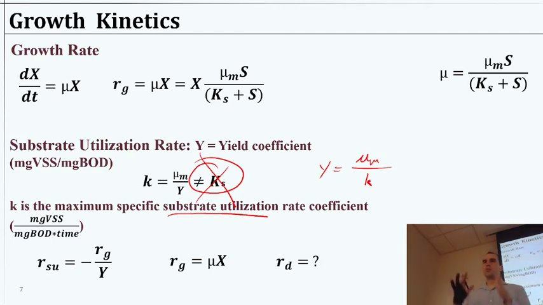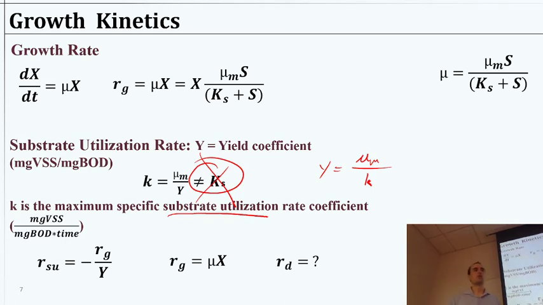So constants all over the place right there. Essentially, if under the conditions where they grow the best, the yield coefficient is just the one constant divided by the other, the growth divided by the consumption, right?